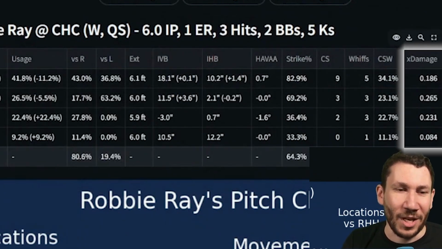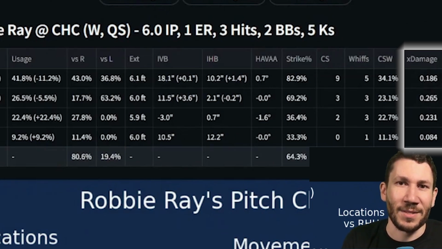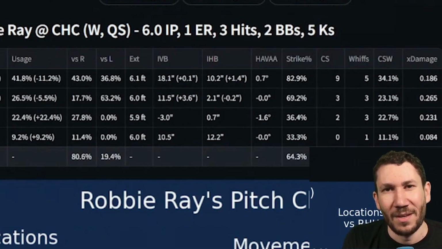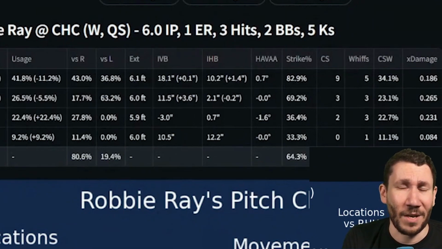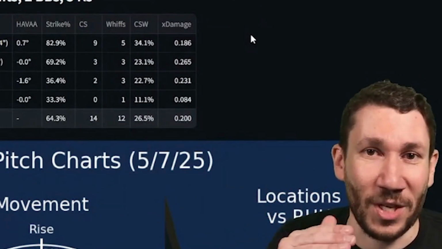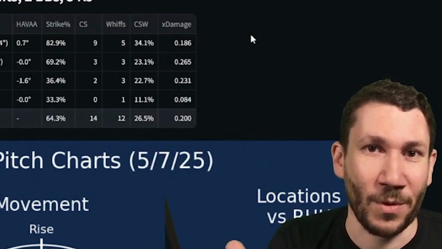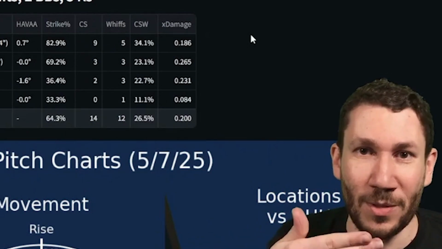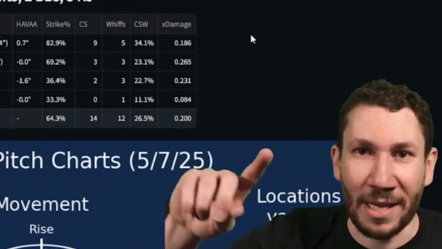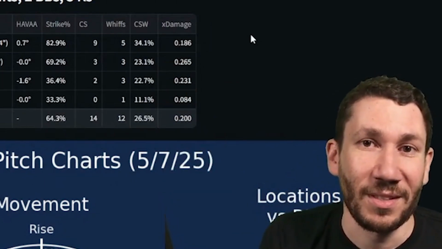And then xDAMAGE. This is one that confuses a lot of people, and I totally get it. Savant has their stat xwOBAcon, which is essentially just saying, on a 2D plane, when the ball is hit, it's just exit velocity versus launch angle, and it looks at it in 2D, not the direction, not like toward the third baseman or first baseman or left field or right field. They have this chart of what the expected result is essentially, right?